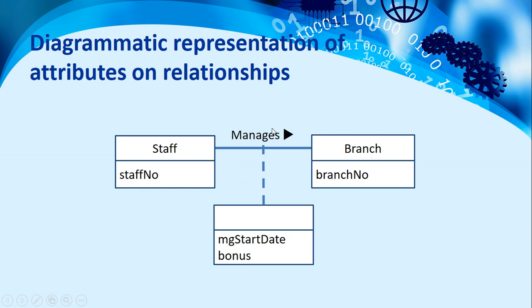So it's possible that there could be meron pang entity type na pwede pa ma-insert sa ano na to. Okay? But we're going to discuss that in other lessons regarding this one. Okay?